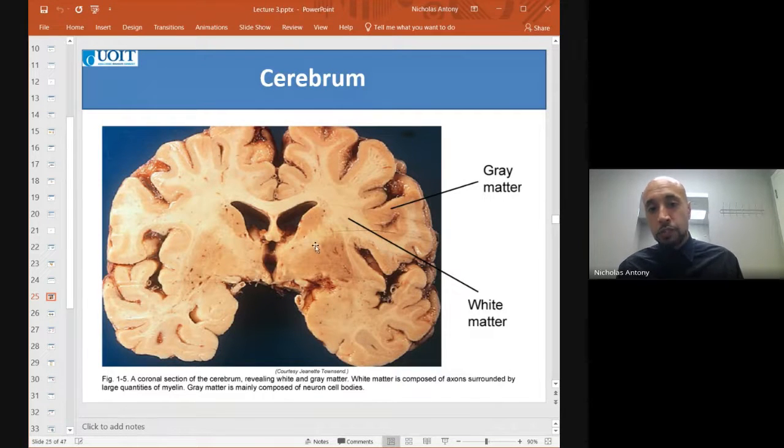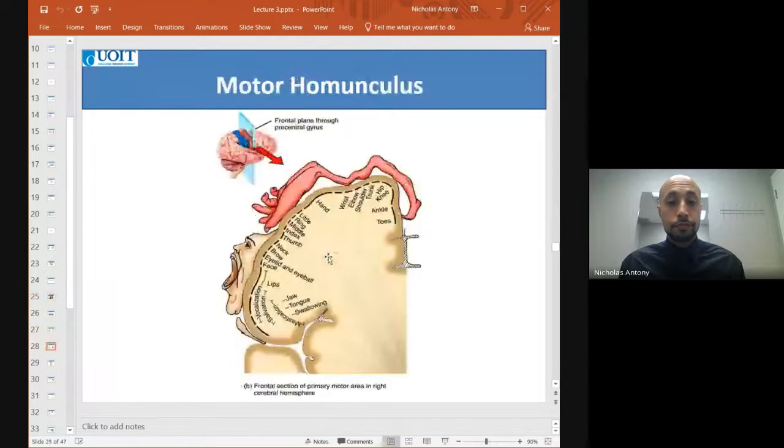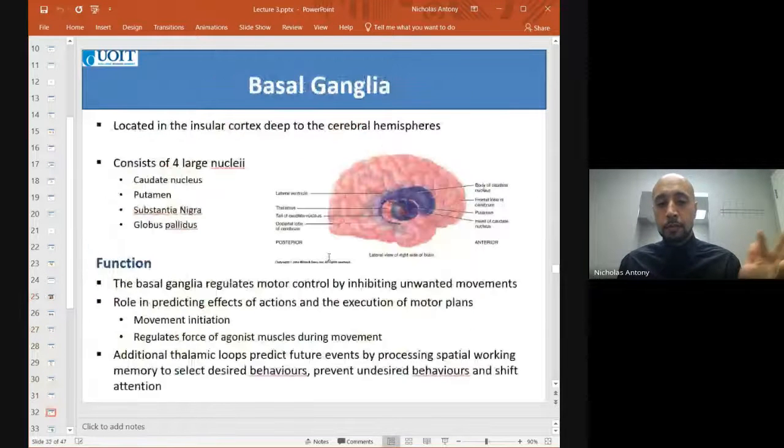So the basal ganglia is wrapping around all of the neurons that are going out. And so the basal ganglia will look at the signal that we're sending down and say, oh, no, adjust this so that it'll be smooth movement. I'm obviously making it sound a lot simpler than it is, but that's generally what it does.